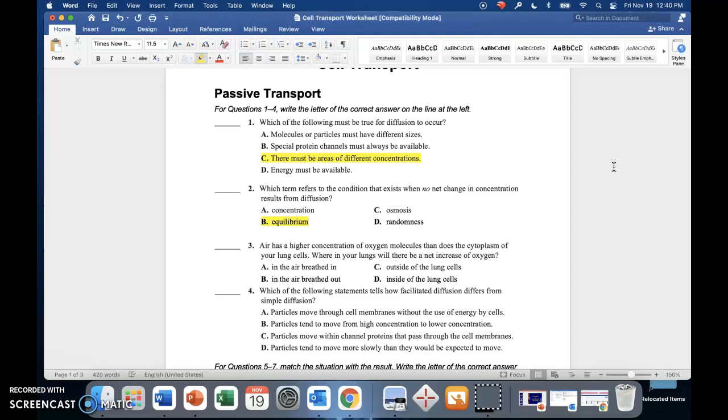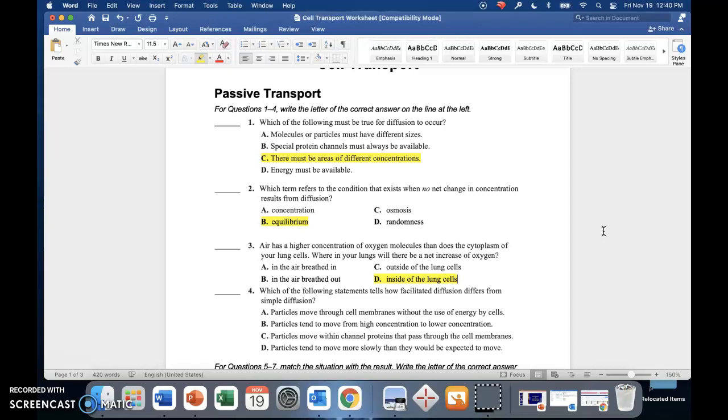Since the air that we breathe in is higher than what is actually inside the cells, because of what we just went over about diffusion, the oxygen is going to diffuse into the cells. So there'll be a net increase inside the lung cells, because the higher concentration of oxygen outside is going to move into the lung cells to try to reach equilibrium.